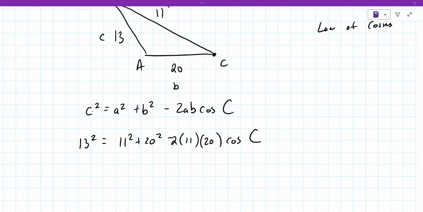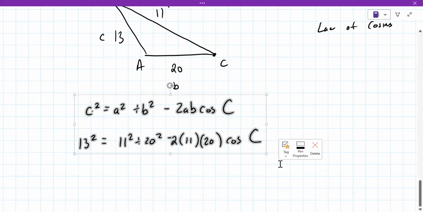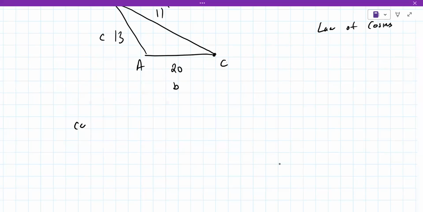Right. And I'm happy to show that. I just kind of wanted to see where you're at with that. Yeah. I think for finding angles, I would use the formula where it's cosine already solved. Okay, you would already use the formula for that.